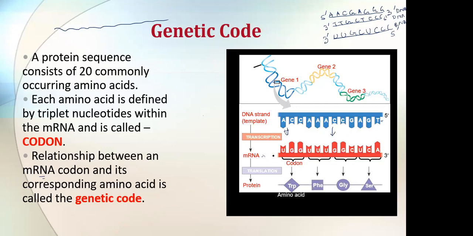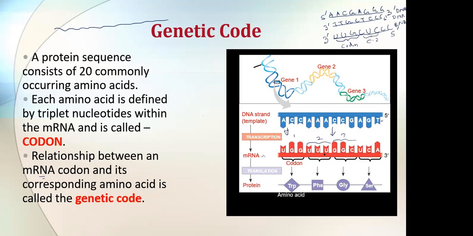The relationship between the mRNA and the meaning of each codon is the genetic code. Like UCG, this is one codon. These 3 together are one codon, the next 3 are the second codon, and this is the third codon. So it goes like that.